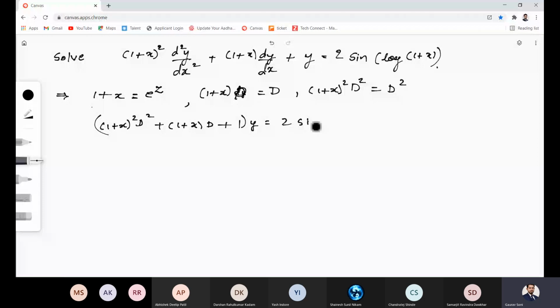So this will become, oh, again this is wrong that I have written. It has to be d into (d minus 1). So this will become d(d minus 1) plus this term, d plus 1, y is equal to 2 sine, what is log of x plus 1?